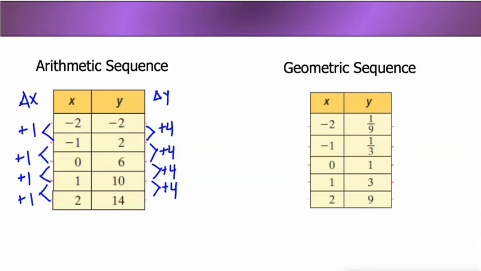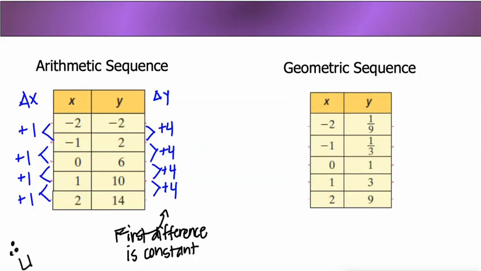This has a constant rate of change, so I'm going to call this your first difference. The first difference, apologize for my handwriting. The first difference is constant. Therefore, we have a linear model. This is a linear model.